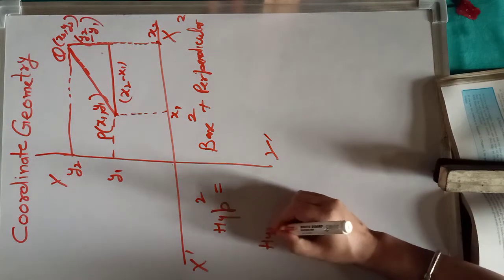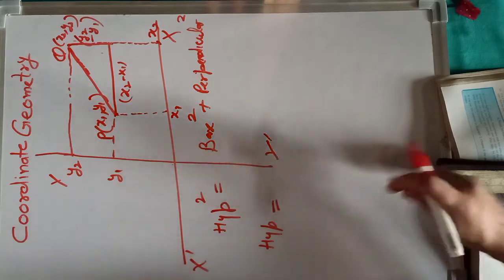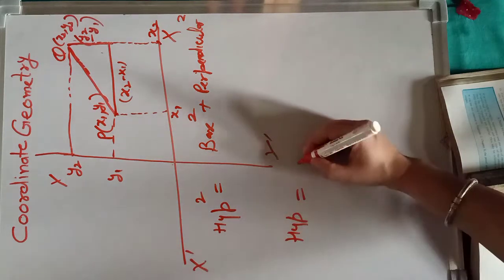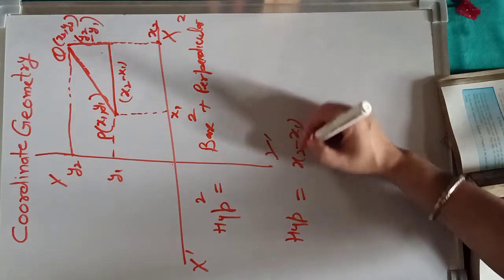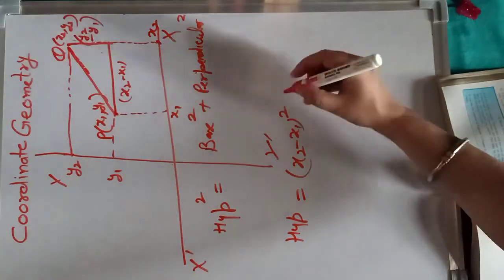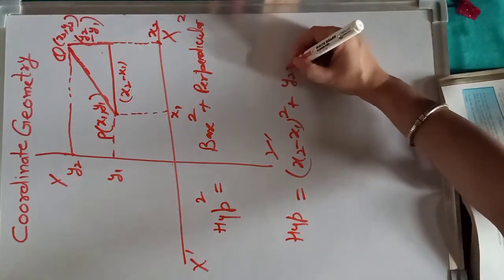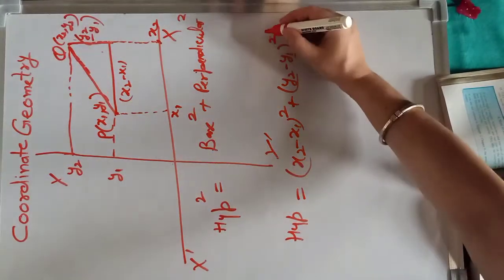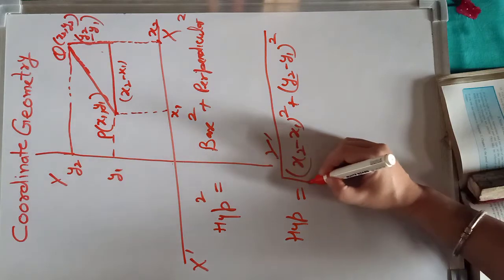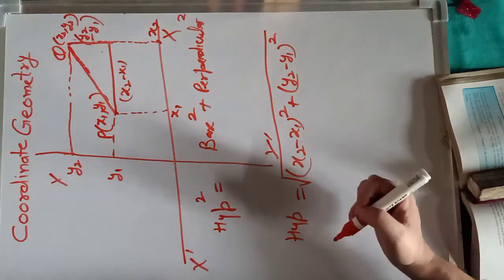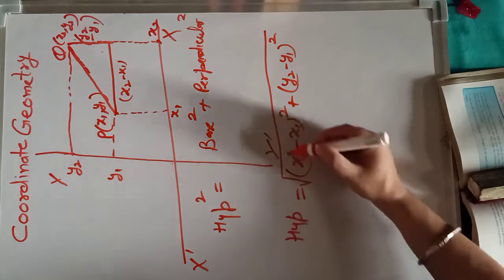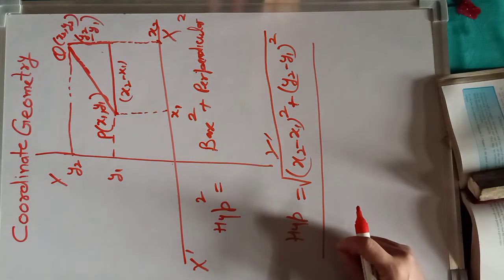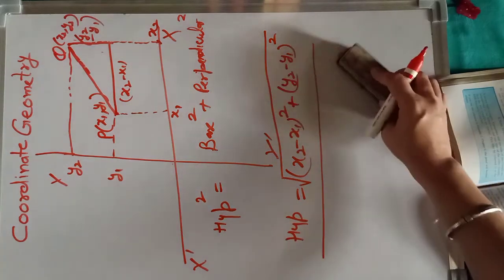So the hypotenuse will be equal to (x2 minus x1) whole square plus (y2 minus y1) whole square, and the square has been transposed to that side, giving the square root. This is called the distance formula. By using this we can find the distance between any two points.